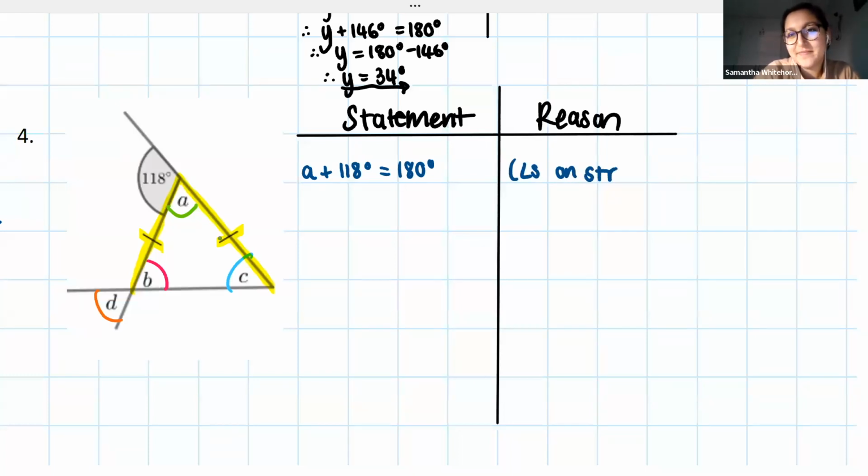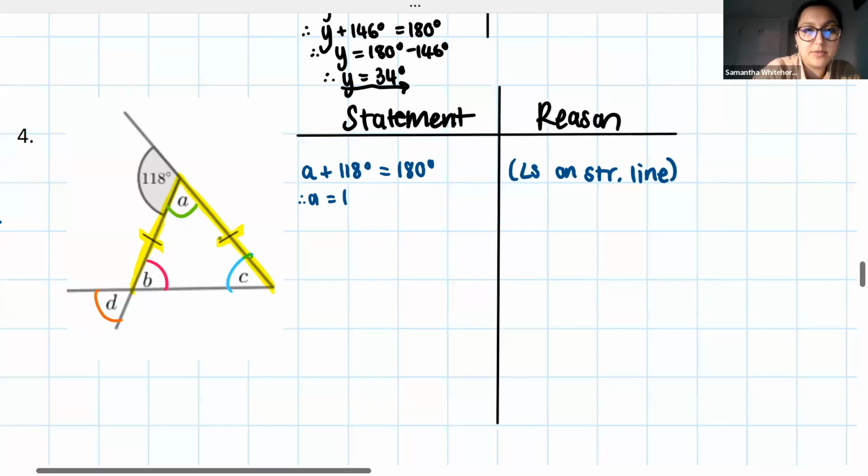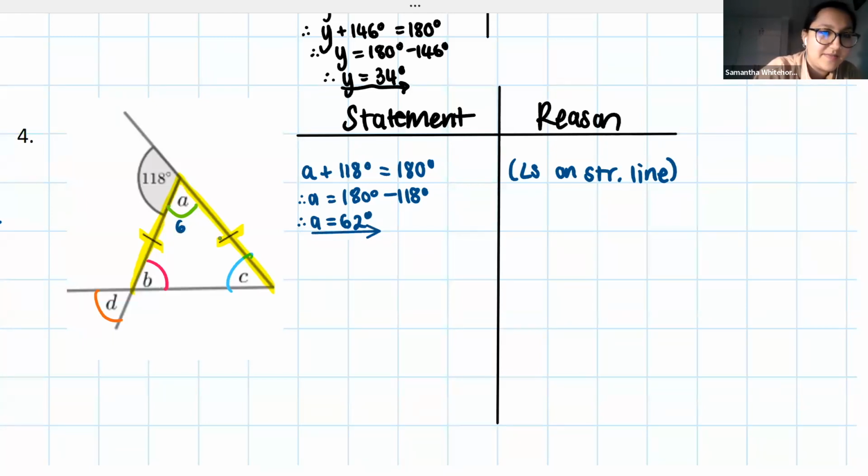So I say A is equal to 180 minus 118. Good. And then, ma'am, I got A is equal to 62. Perfect. Excellent. Well done. Do you want to carry on? No, ma'am. Okay, that's fine.